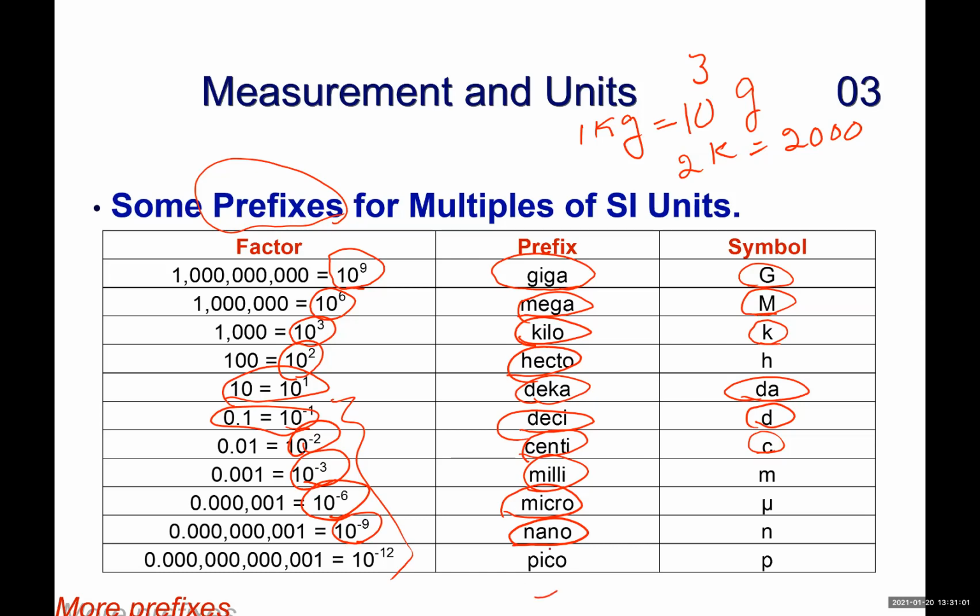And if I say pico, it's trillion times smaller than the unit. Picoliter is a trillionth of a liter. And there is abbreviation P for pico, N for nano, micro has mu, the Greek alphabet, and M for milli.